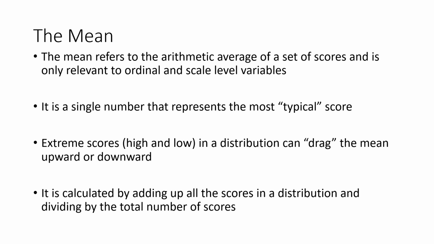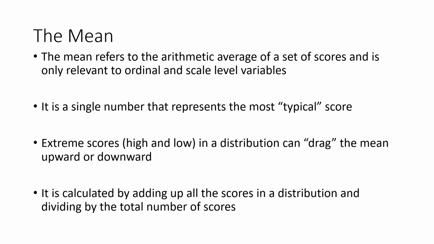However, if you have an extreme case in there, let's say you have 10 people, 9 of whom are normal wage earners, but one of whom is Elon Musk, for example, then having that extreme score will dramatically drag the mean up, right?